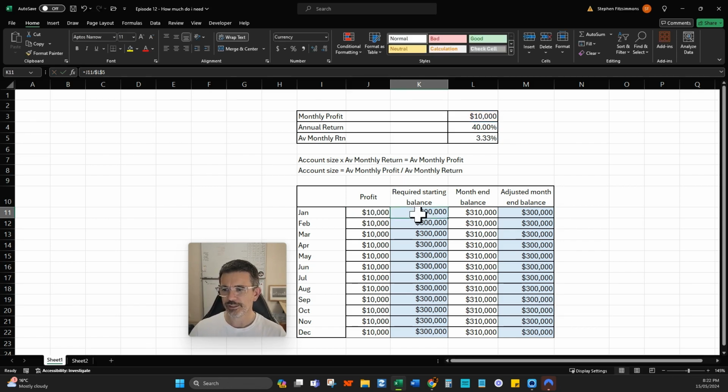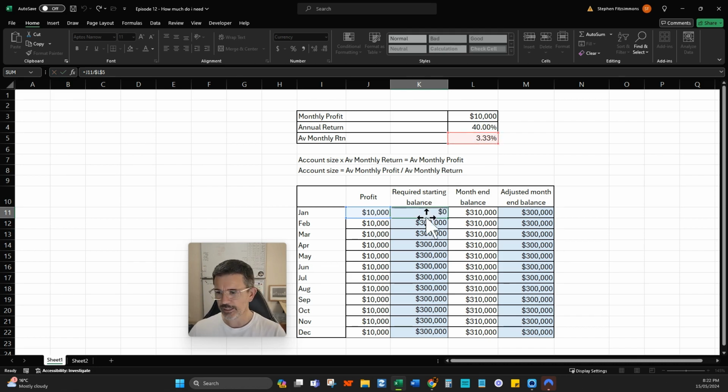And then if you want to work out your required starting balance, as per this equation, it's your average monthly profit, which is your $10,000, divided by your average monthly return, which is in this cell, the pink cell there. And again, the dollar signs around there just keep Excel looking at that cell for the calculation, okay?